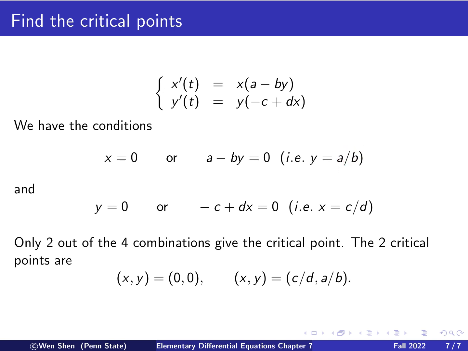Again, that's a positive number, so there's no solution. So there are only 2 out of the 4 combinations that will give a solution, which is take this one, combine with that, so (0, 0), the origin. And the second one is taking this condition with that one. So x is c over d, y is a over b. That is the second critical point.